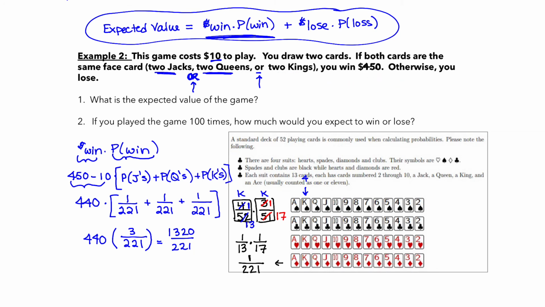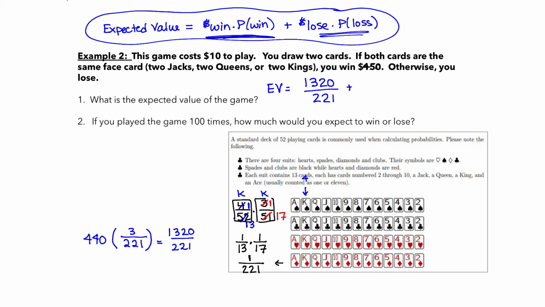Just so I don't get things too confused, let me erase and put this up here. That means the expected value of my game comes from the winning portion, which is positive 1,320 over 221. Plus, and now I have to focus on my loss. So let's erase a little bit and let's focus now. How much would I lose times the probability of a loss? So I erased a little bit, but I'm going to keep one thing. The one thing that I want to keep just temporarily is this number right here, 3 out of 221.